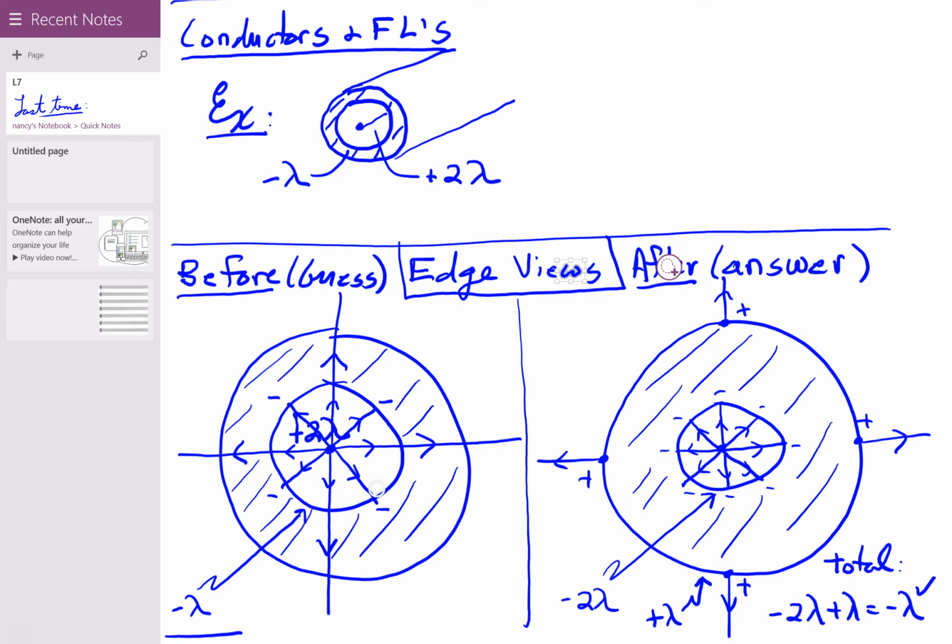Now, following our rules, we know that with this positive 2 lambda charge in the center, we would have a set of field lines traveling outwards, and I've decided to represent 2 lambda by a number of field lines equal to 8.